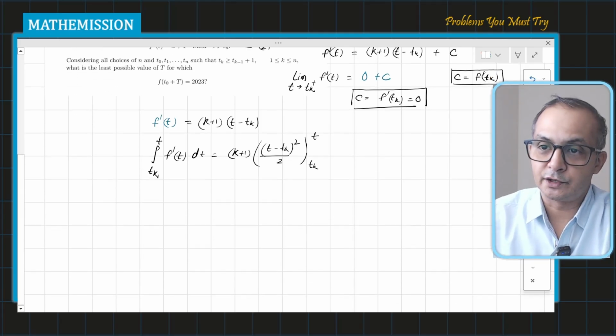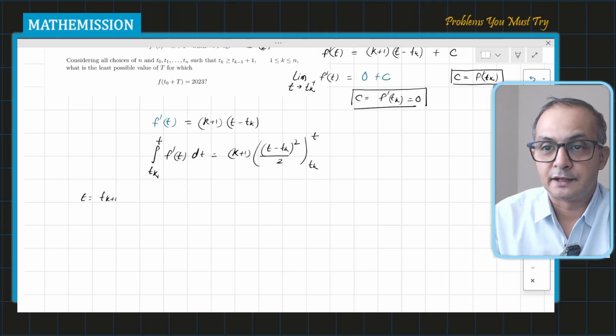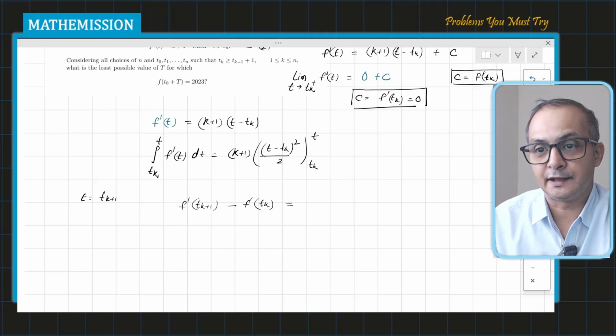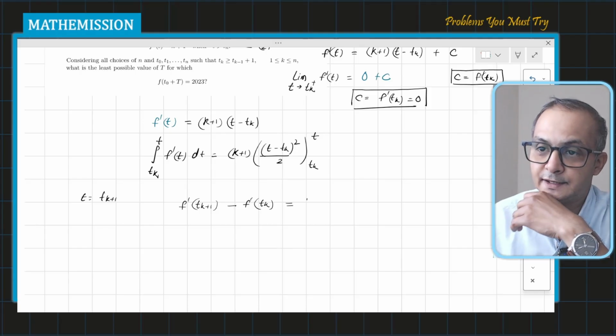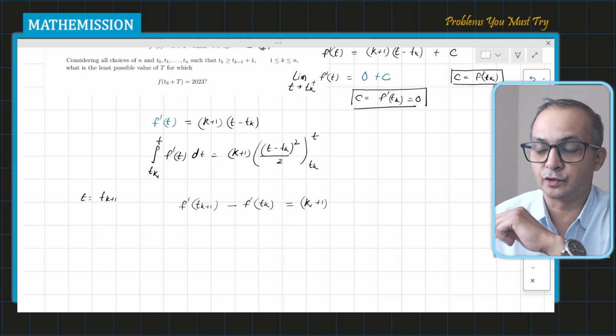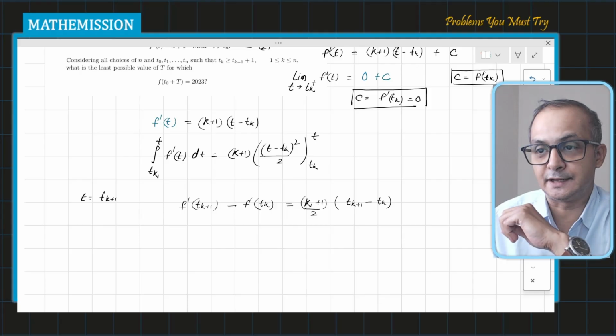In this way, I can substitute t equal to tk plus 1. Then we get f dash tk plus 1 minus f dash tk, and that is equal to the right side. If I substitute tk plus 1 there, and when you substitute tk that will become 0, I get k plus 1 by 2 times (tk plus 1 minus tk) the whole square.